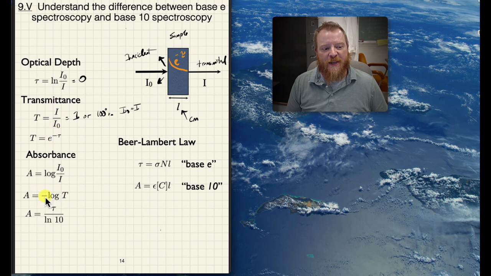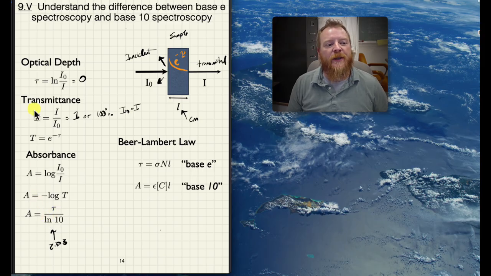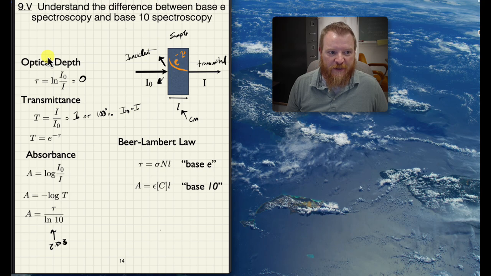However, with absorbance, it's the negative log base 10 of the transmittance. And then if we wanted to interconvert absorbance and optical depth, we have to remember to use that switching of the base, the natural log of 10, 2.303. Okay? So hopefully what you've gathered now is that the absorbance and the optical depth will scale in a similar way. So as the optical depth is larger, or a thicker optically deep material, that owes to a larger absorbance.